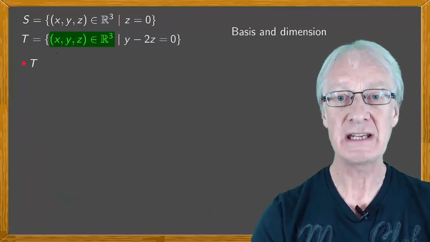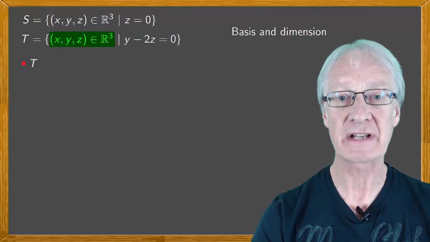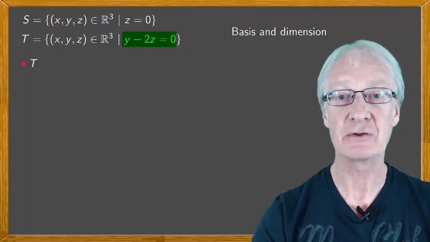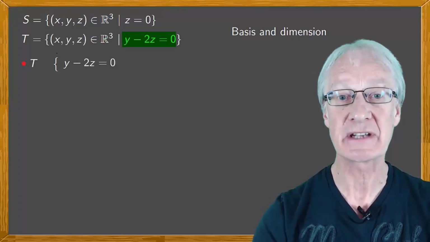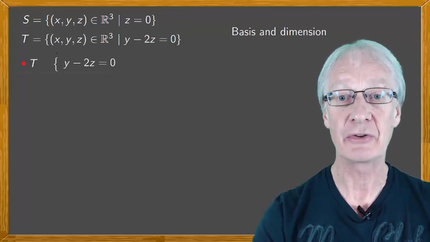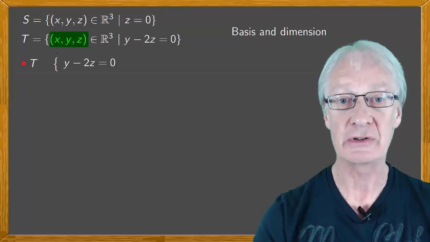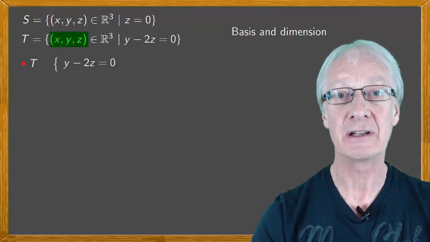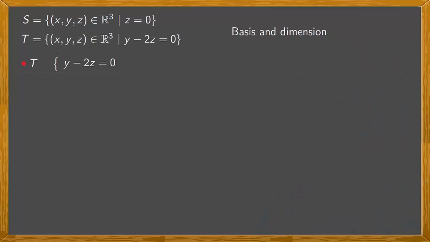Now we'll calculate the basis and dimension of T. The vectors of T are those whose components satisfy y minus 2z equals 0. Again, we have a system of equations with a single equation, but don't forget that the unknowns are the ones that appear here. Again, since we've got only one equation, we don't need to use the Gaussian method to do a reduction.